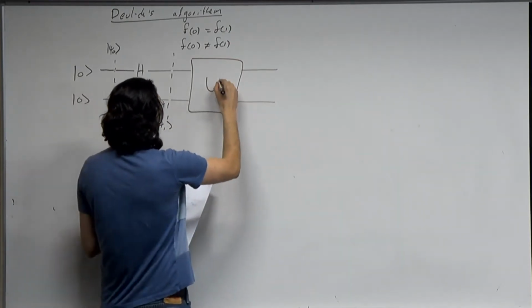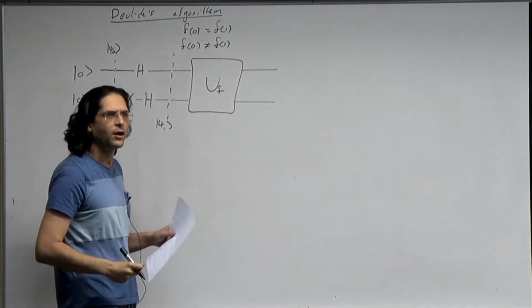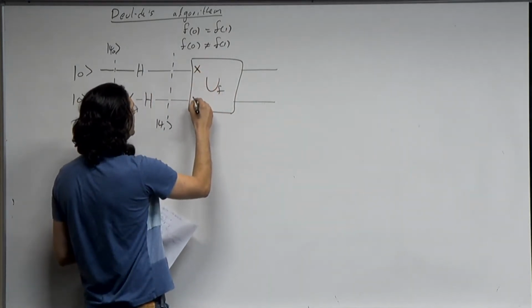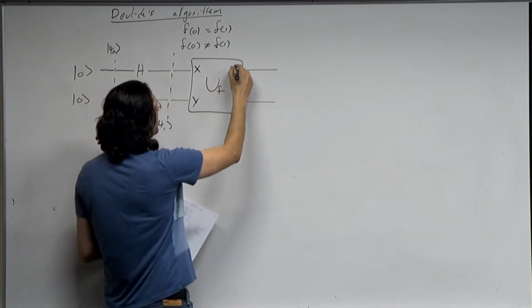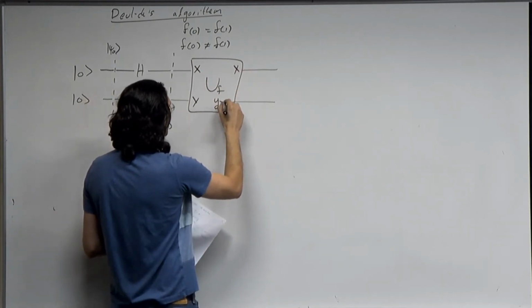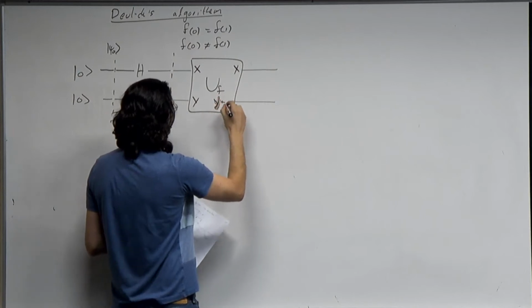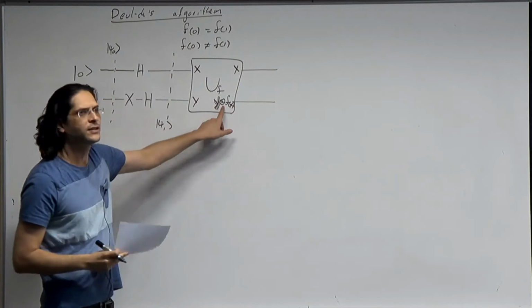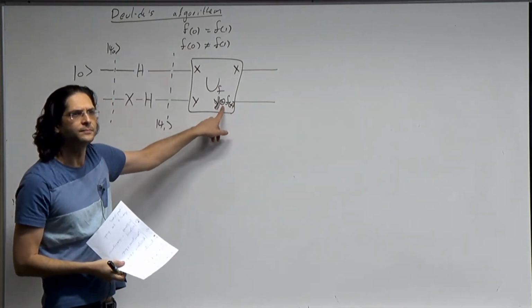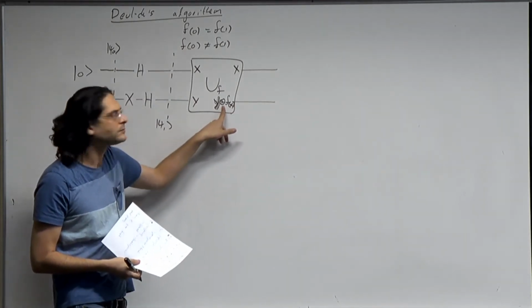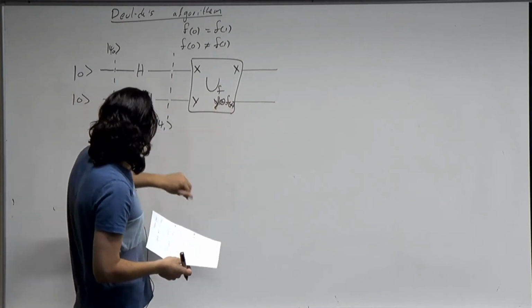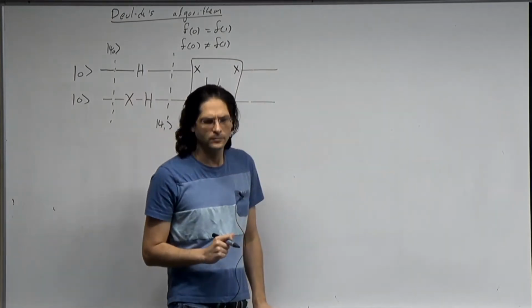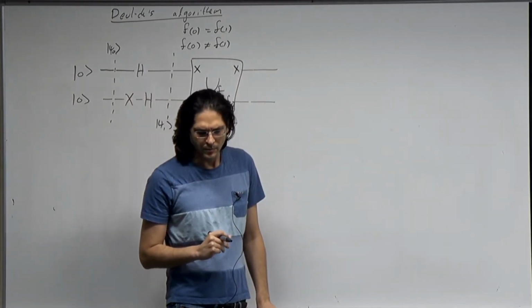Now after that occurs the main calculation, U of f. This is a unitary operation, and what it does is it gets an input of x and y, and the output is x and y plus f of x, where this plus is a bitwise addition modulo 2.